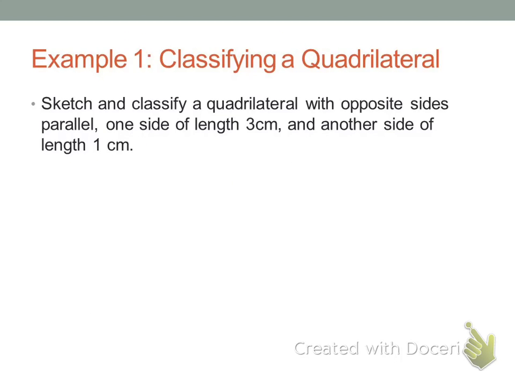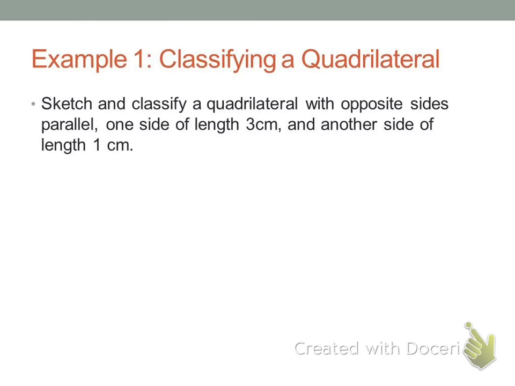Now we're into example 1. Here we have the instructions to draw a figure, but we don't necessarily know what type of figure it is, so we use the clues to figure it out. It says it's a quadrilateral, so how many sides is it going to have? Four. Now, are all the side lengths the same? No. It says opposite sides are parallel, so that's important.